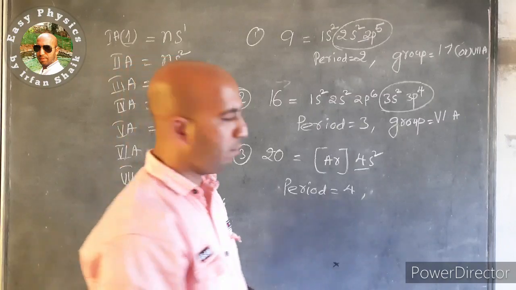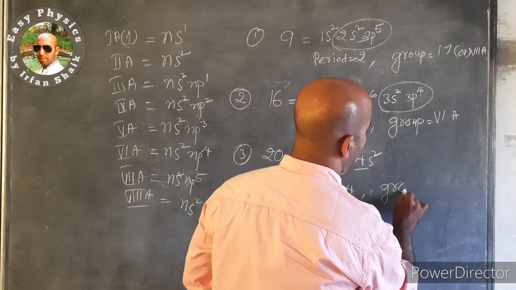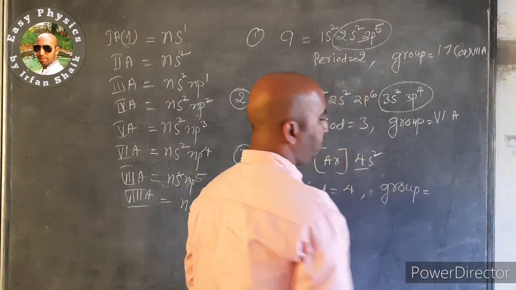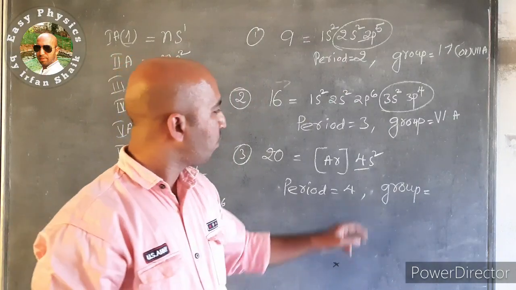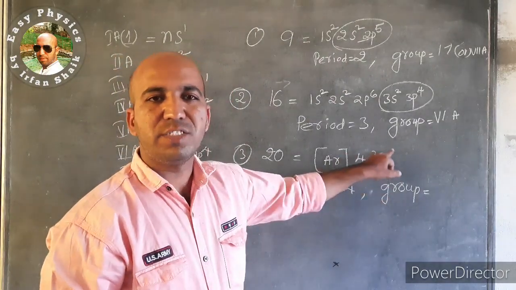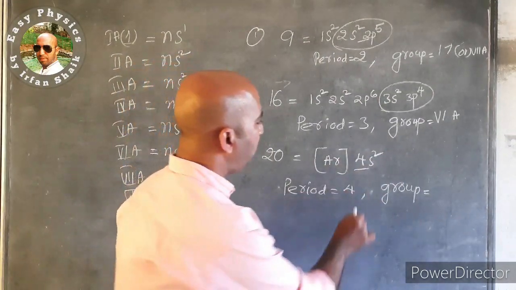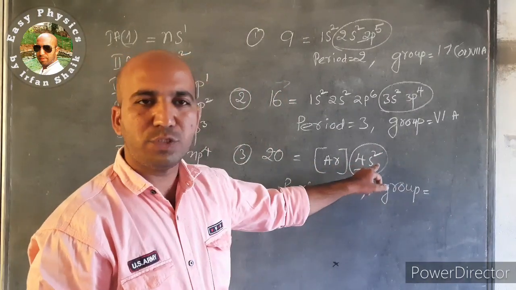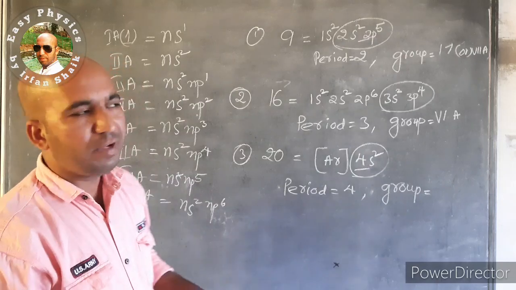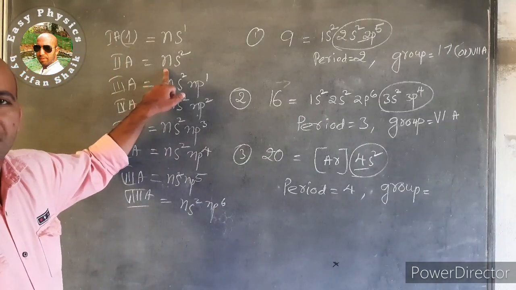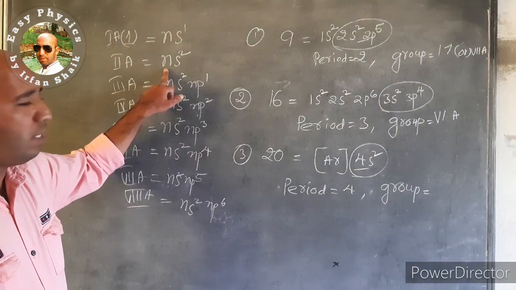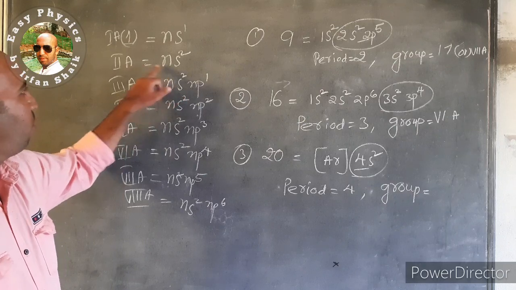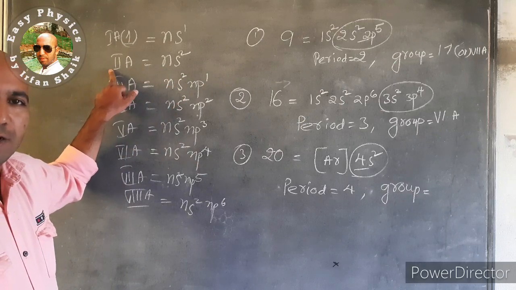And now the group number. How to find the group number? Just by observing the valence electronic configuration. The valence electronic configuration of this element is 4s2, and it resembles ns2. ns2 is the general valence electronic configuration of the 2A group elements.